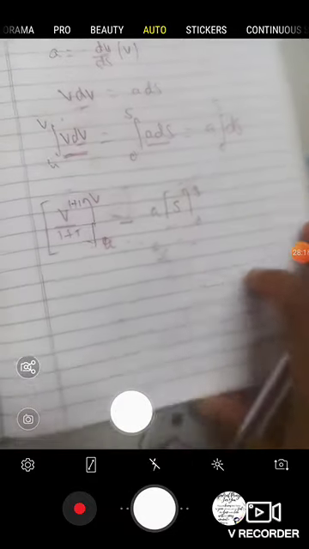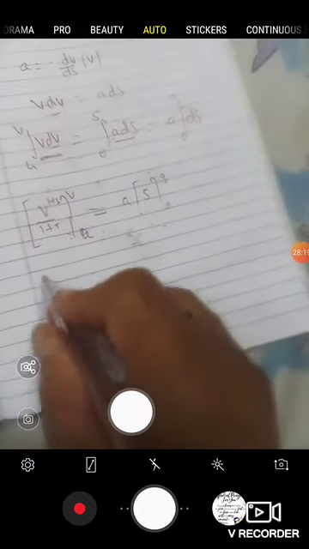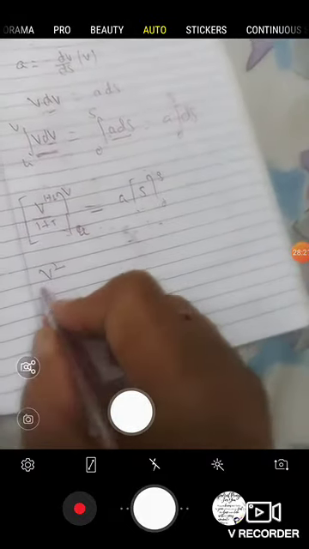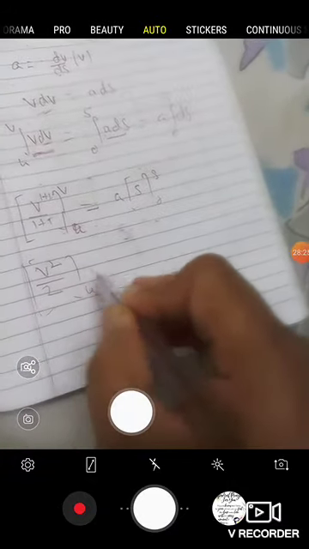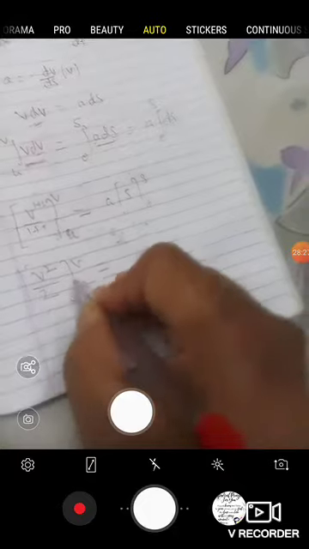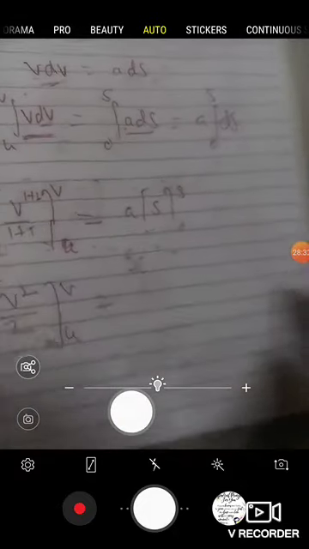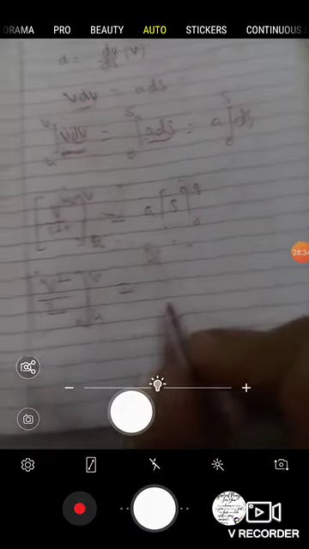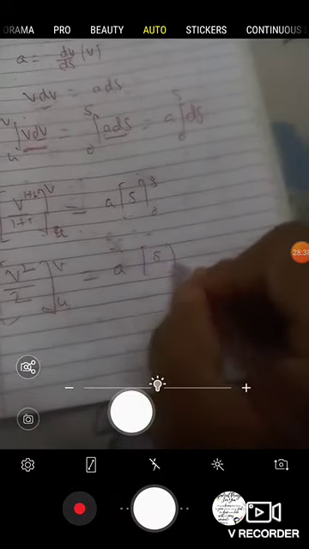Clear? Okay. Now this 1 plus 1 will give you v square. This 1 plus 1 will give you 2. So this will be v square by 2, u to v, is equal to a, s from 0 to s.